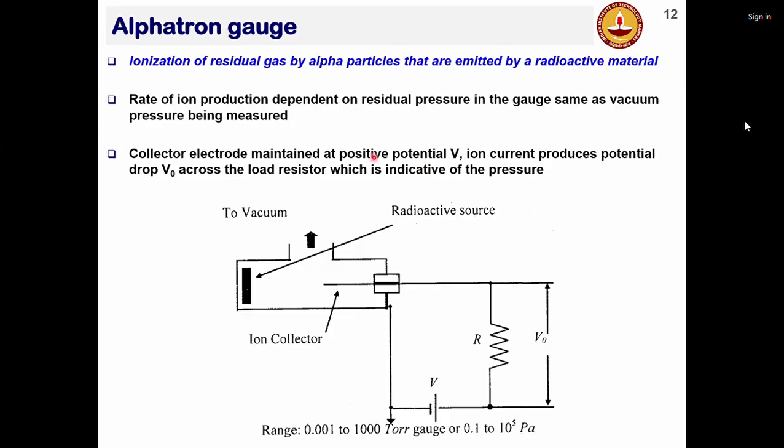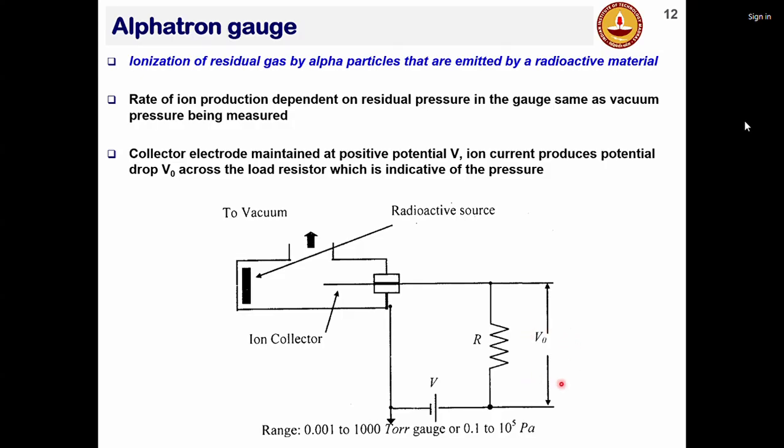These ions are then collected using this collector electrode that you see here. When these ions flow through this circuit, they give rise to a proportional output voltage.